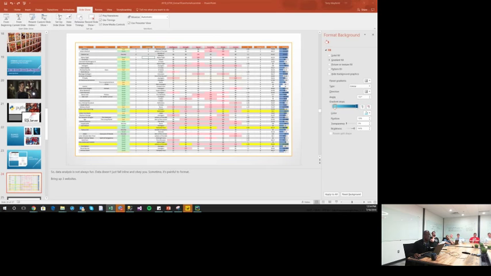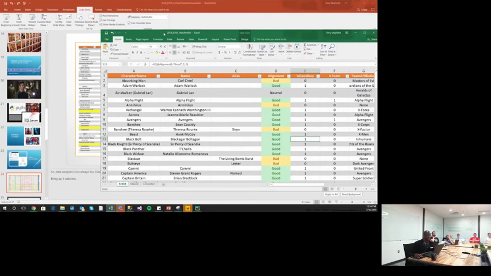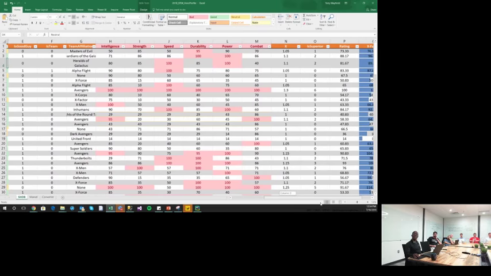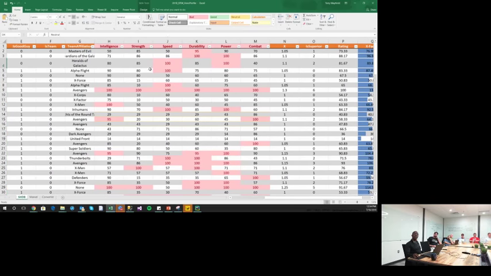So what I had to do in order to push this analysis to the next level was to analyze every single character that had ever been featured in a comic book that had Thanos, and analyze them from the perspective of their alignment, what team they were on, and then this is called a power grid. Their intelligence, their strength, their speed, their durability, their power, and their ability to fight. And this is how we're going to predict into the future who is best equipped to defeat Thanos.